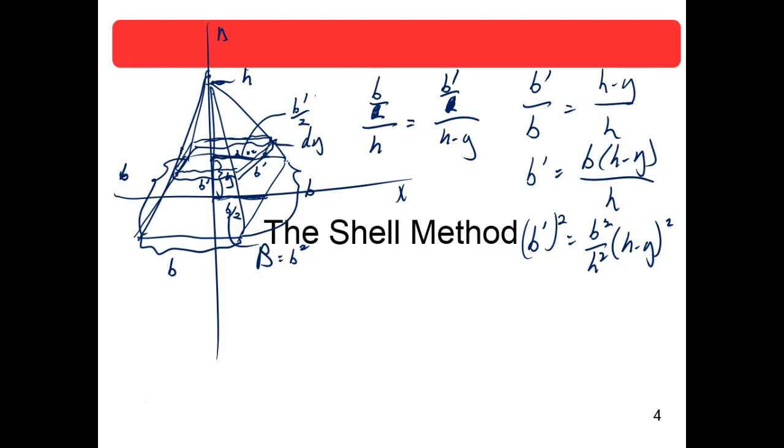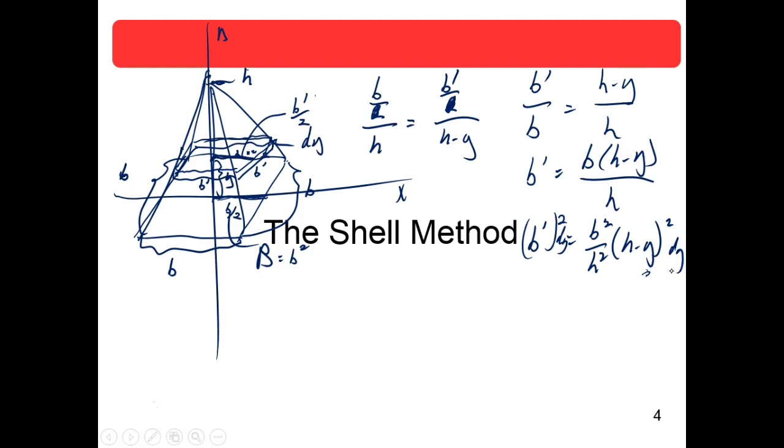Now, that's the area of the base of this representative square here, taken out of the middle of it. So the volume is going to be the summation of all these bases, in terms of y, the function of y, b prime squared times dy is going to be the volume of that slice.